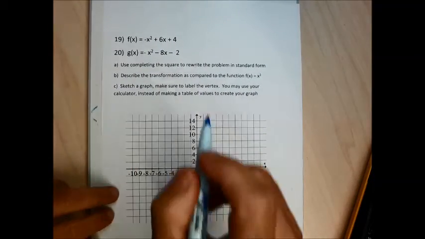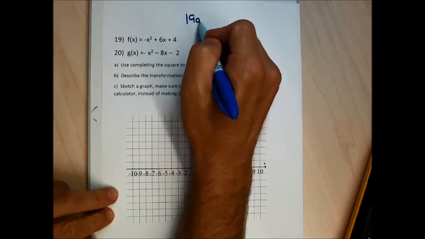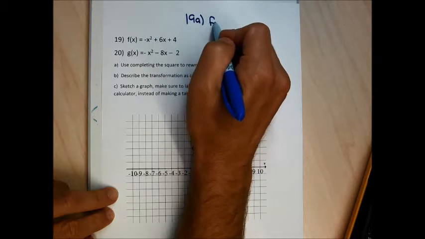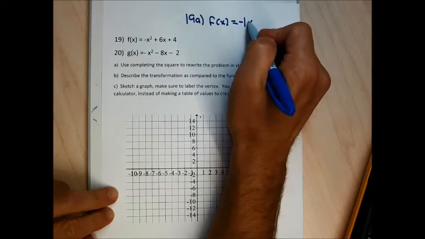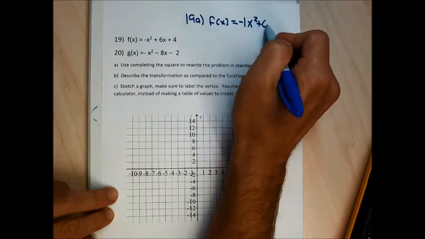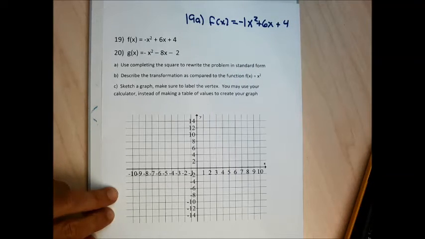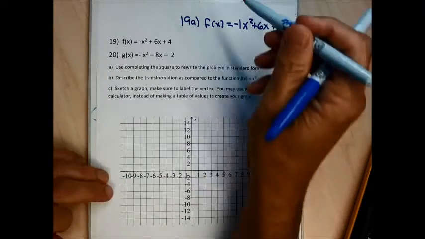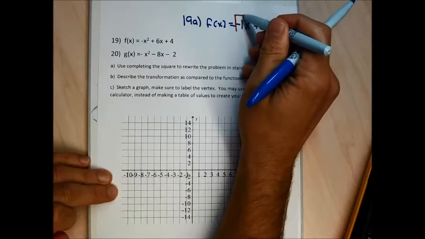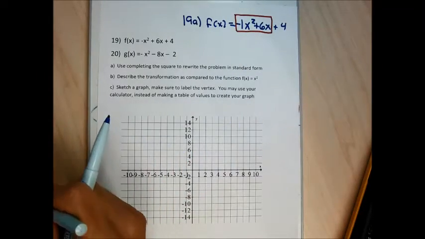So for 19, when I go to do part A, I think of 19 as f of x equals negative 1x squared plus 6x plus 4. When there's a number in front of the x squared before I add and subtract c, I need to factor out the number that's in front of the x squared by doing a one-parentheses factoring.